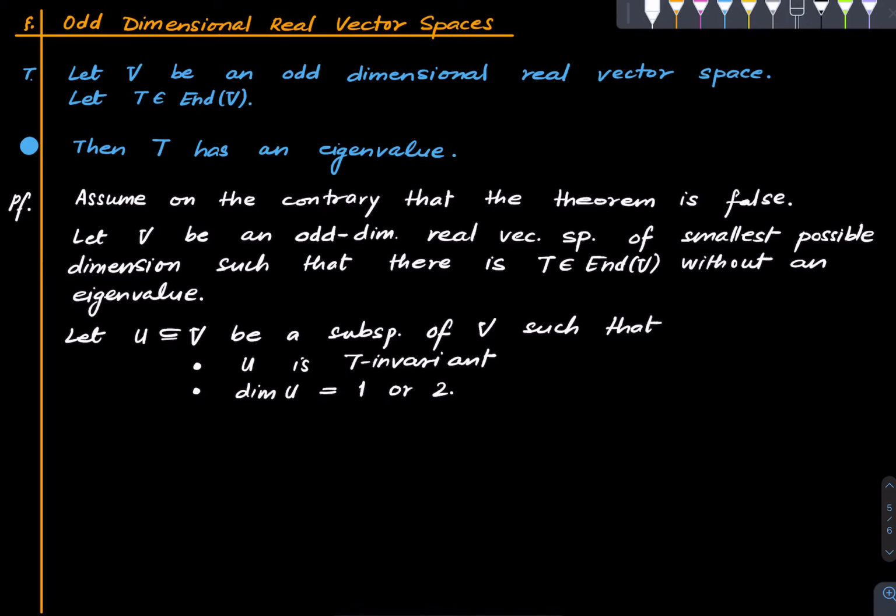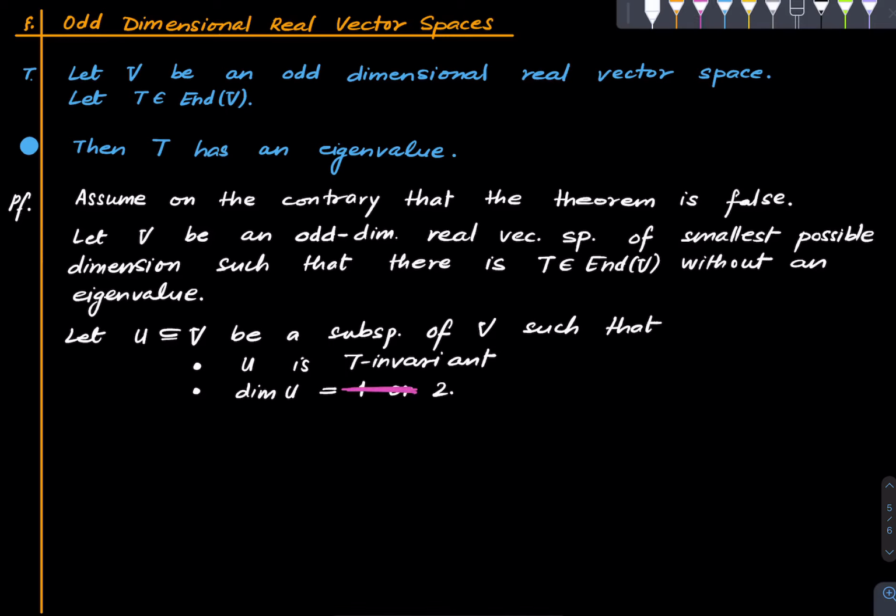But since T does not have an eigenvalue, and since U is T invariant, the dimension of U cannot be 1. Because if we had a one-dimensional T invariant subspace, we would have an eigenvalue. So it is forced that the dimension of U is 2. Right? So we have a two-dimensional T invariant subspace.